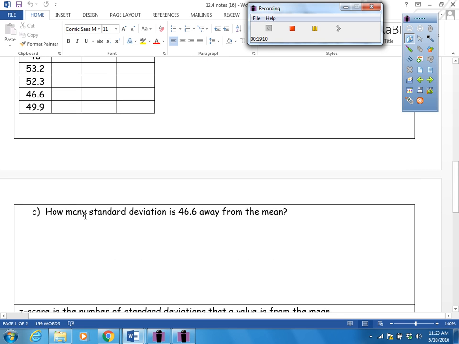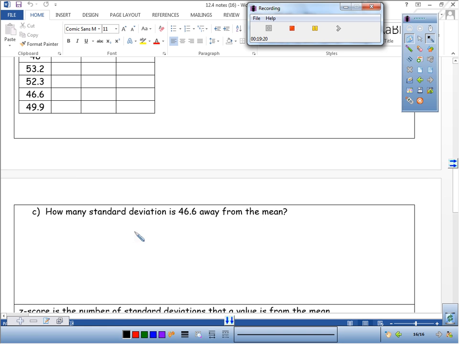So the next is how many standard deviations is 4.6 away from the mean. So most standard deviations are shown within a curve, and I'll show you how to build that curve. So you start in the middle, and this is your mean, which is 50.